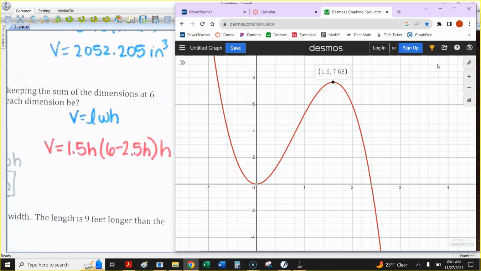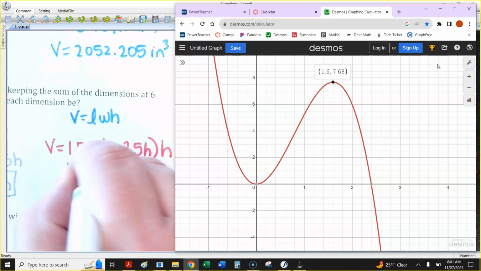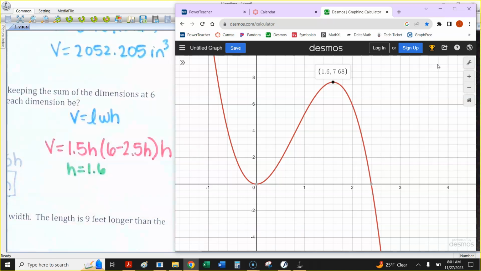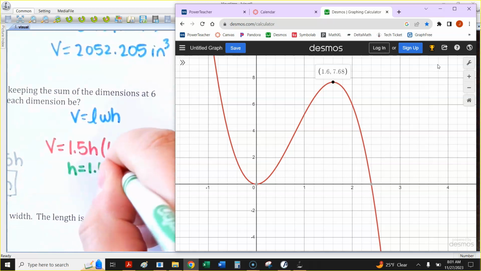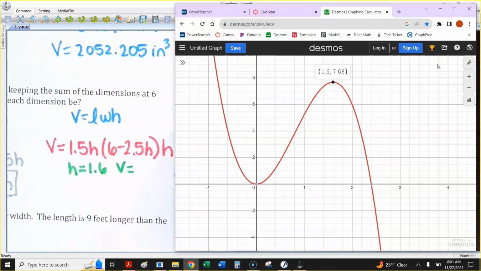So for this question, my height is the 1.6. That would be in inches. The volume is going to be the y-coordinate of that point, which is the 7.68. Now, they don't specifically ask for that in the question. They ask what the dimensions should be. So then, if you need the other dimensions, grab my calculator, I'm just going to plug in 1.6 to those other expressions.